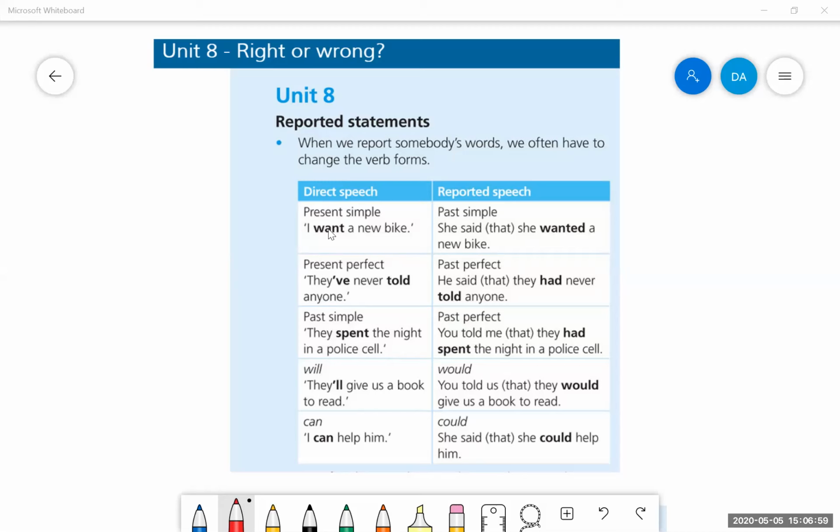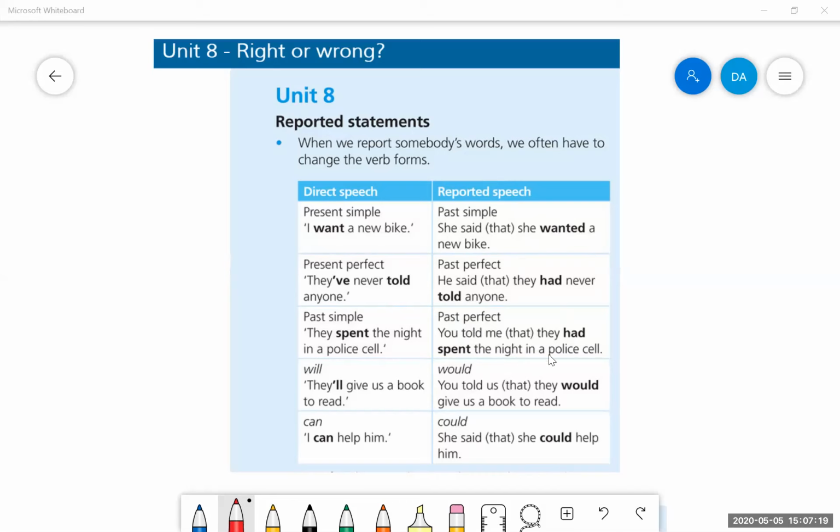So present simple in direct speech is changed into past simple in reported speech. Have never told, which is present perfect, was changed into past perfect in reported speech. Past simple spent in direct speech is changed into had spent in reported speech, which is past perfect.